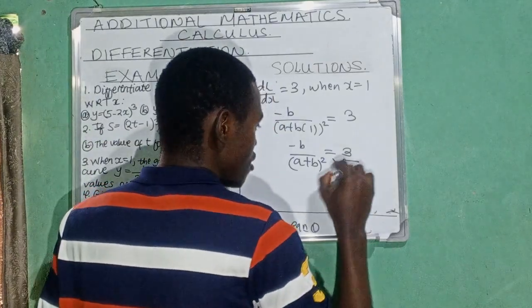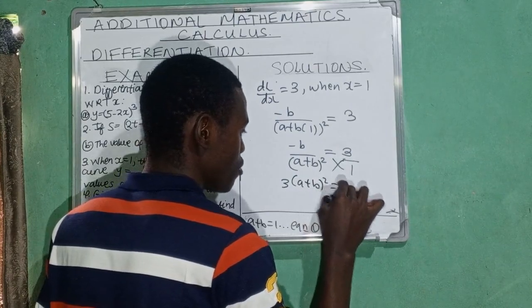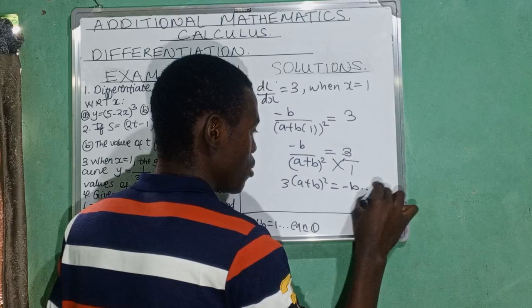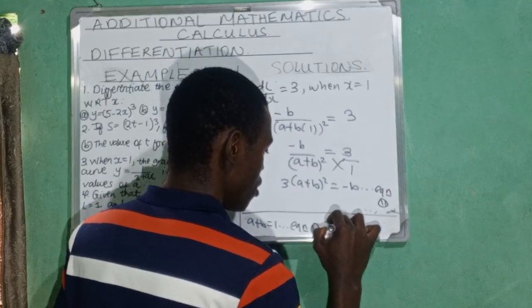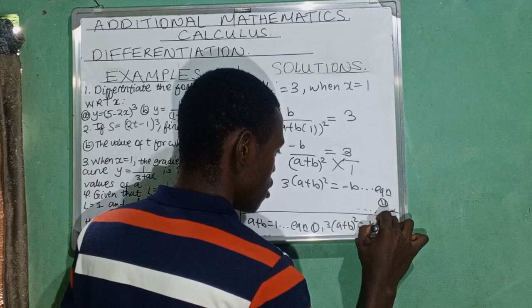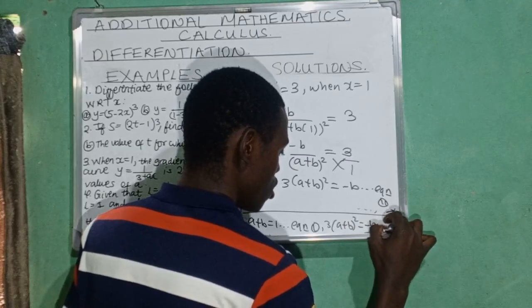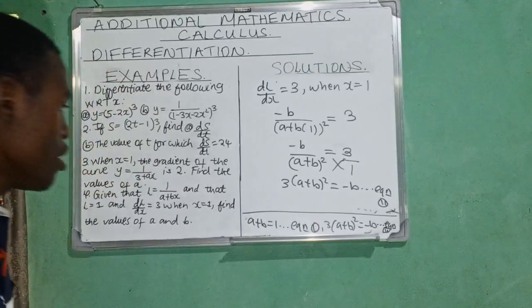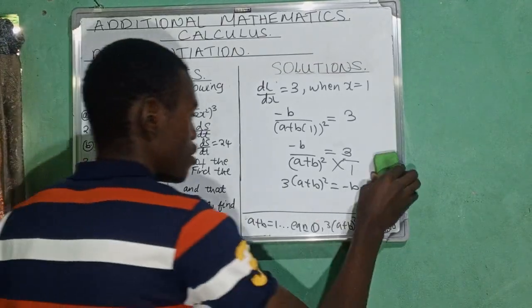When we cross multiply this, we're going to have 3 multiplied by a plus b squared is equal to negative b. And this is your equation 2. So 3 multiplied by a plus b squared is equal to negative b, equation 2.